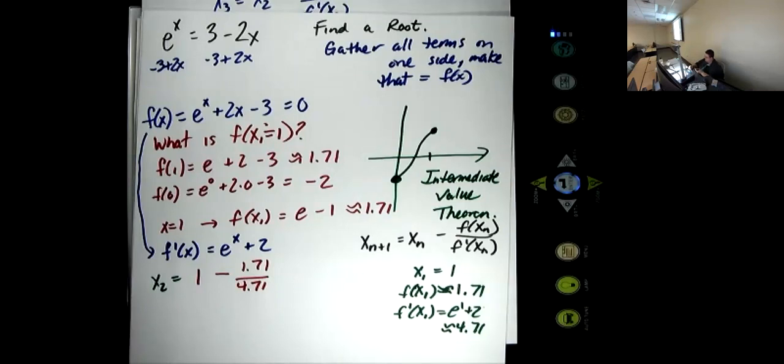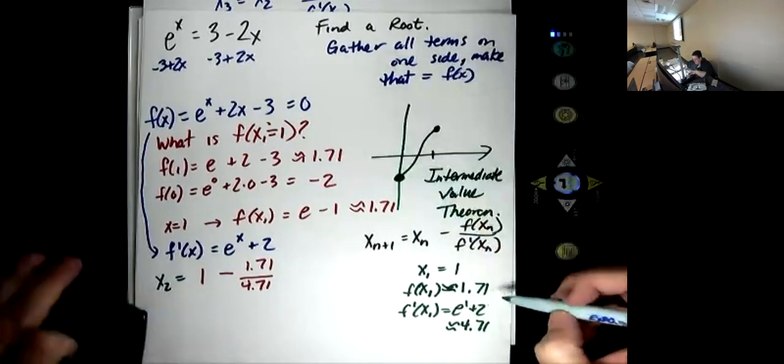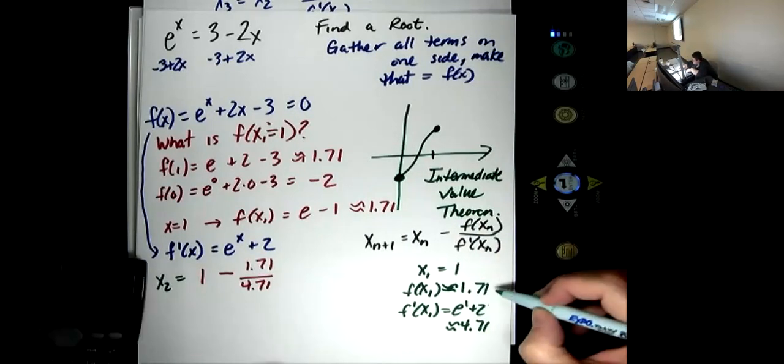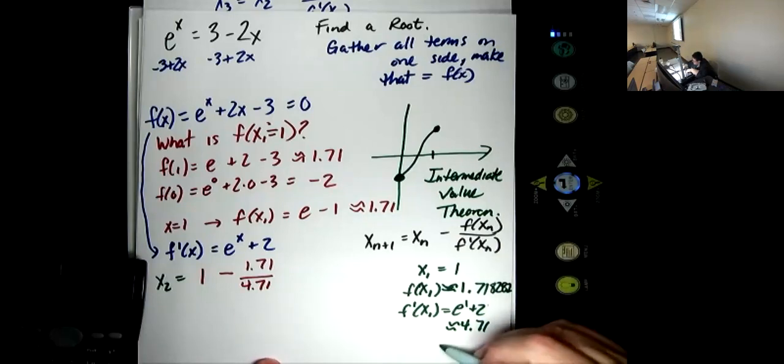Maybe we should use some more decimal places. Let's do some more decimal places. Where's my e? There's my e. E to the first power minus 1 is 1.718282. So this should be 4.718282.